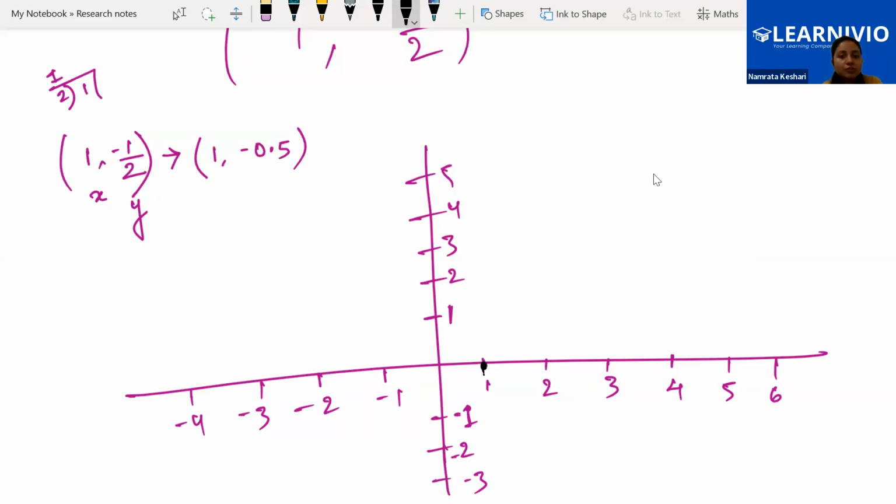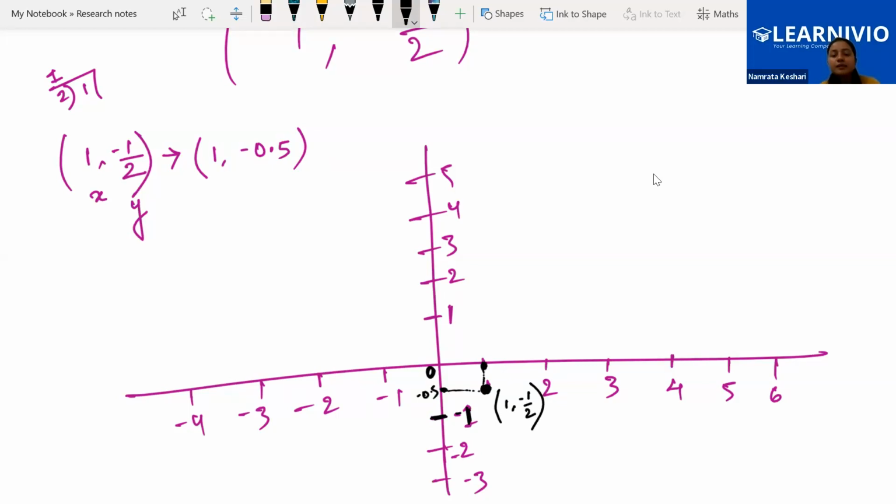Here is 0, here is -1. Can we say -0.5 will be exactly in between? Yes. So from 1, we go down and stop over here, assuming this is -0.5. This is the coordinate 1, comma, -1/2.